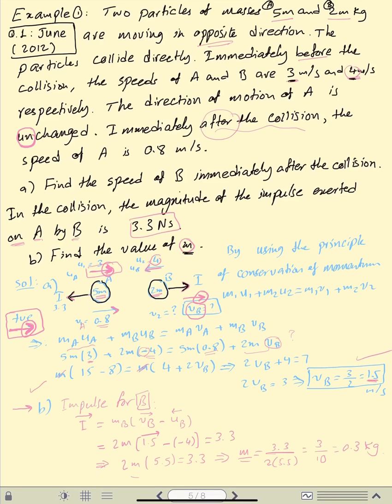We are given the speeds; they moved in opposite directions. So the velocity of the particle before collision was 3 meters per second, in one direction. I'm doing this in another color to show you what's happening. The other was 4 meters per second.